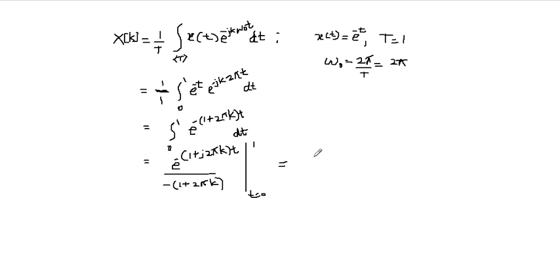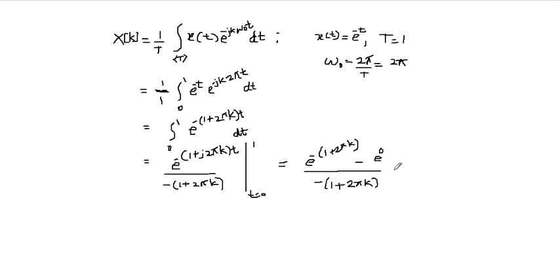the x of k is given by, when t is 1, e to the power minus 1 plus j 2 pi k, divided by the same value, minus e to the power 0 when t is 0, divided by minus of 1 plus j 2 pi k.